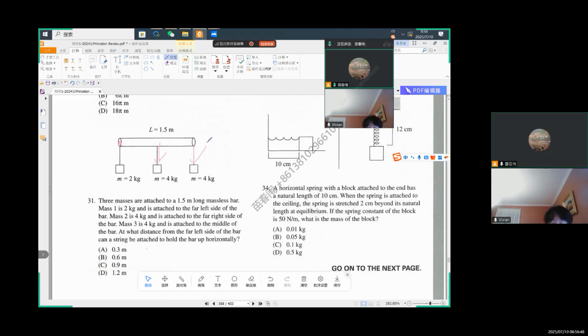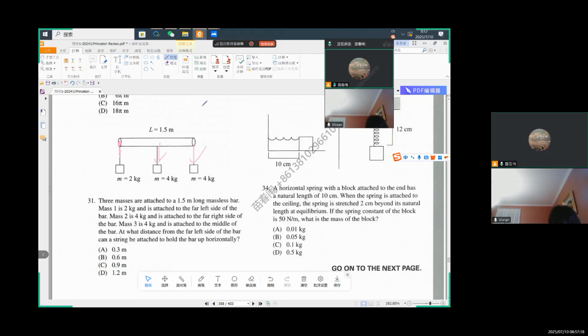This also makes them rotate, right? And then can I find all the torques? This torque is going to be 0, because gravity goes through the pivot already.